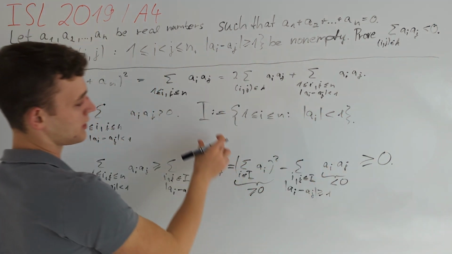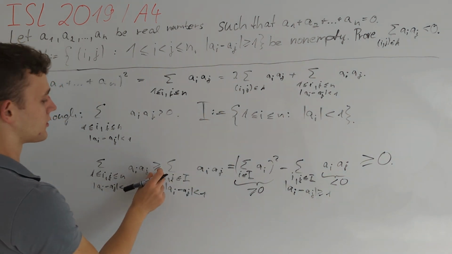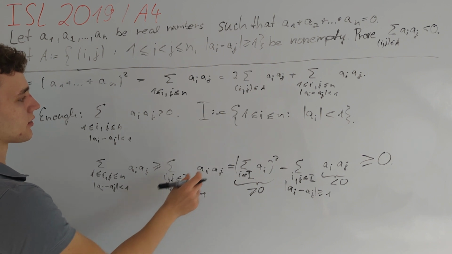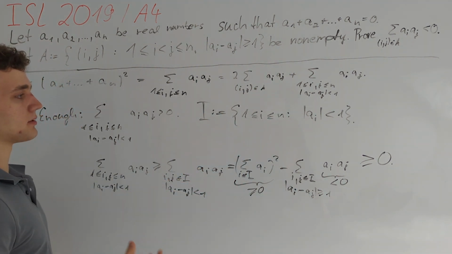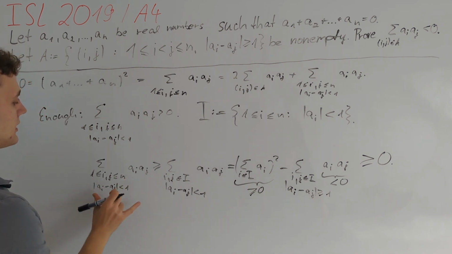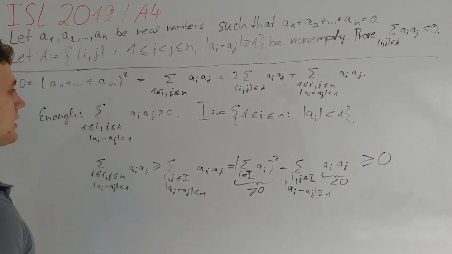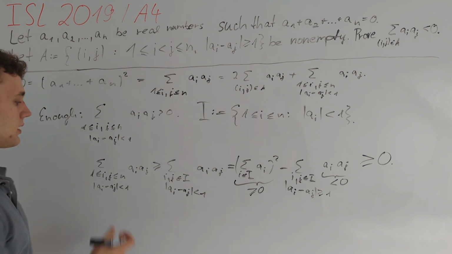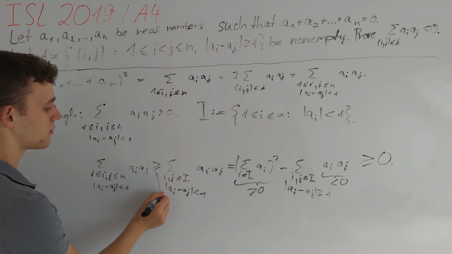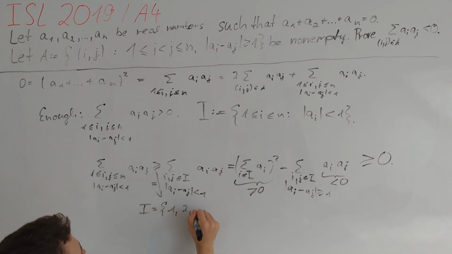But the reason why we formulated this in that way is that we can say for equality to hold here, I must indeed contain all of the indices, because omitting any ai of absolute value at least 1 decreases the size of that sum right here, because any such ai will actually contribute positively, at least by ai squared, to that sum. So for equality right here, we must have I equal to 1, 2, up to n.